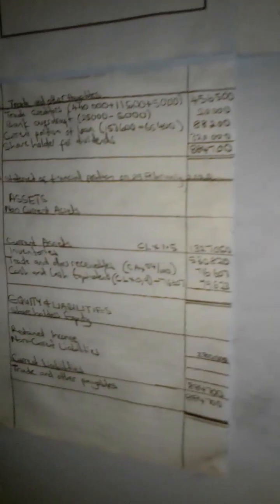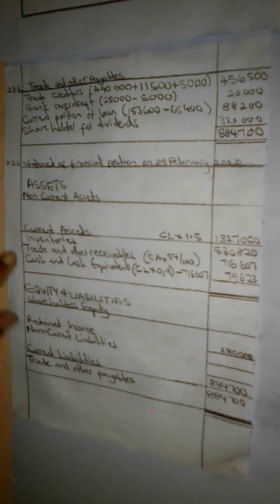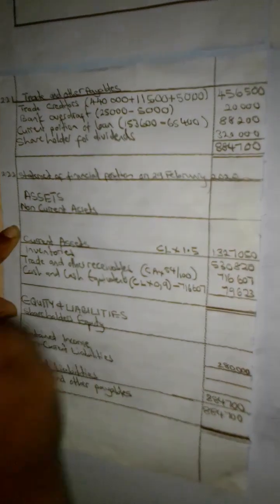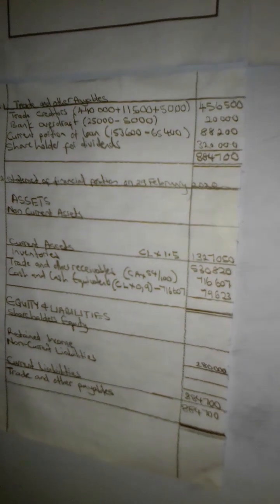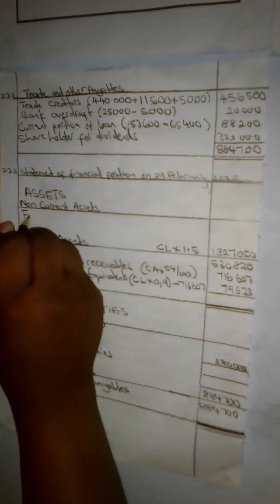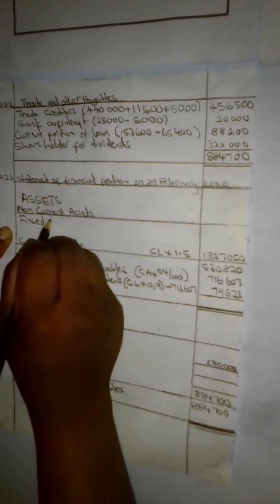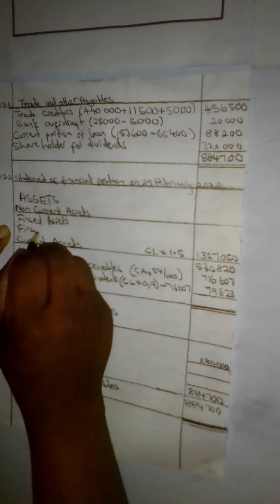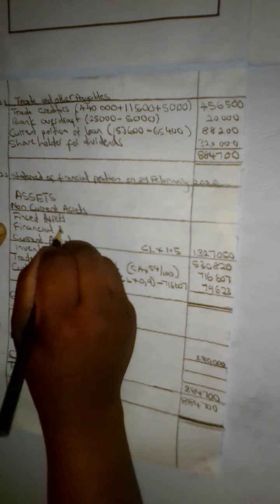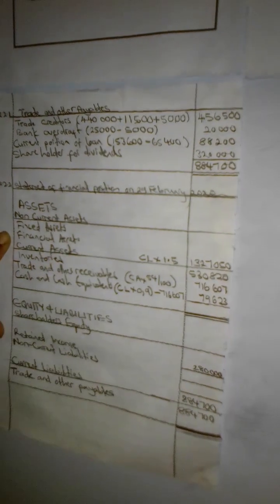Okay, now that we have got the current assets, I'm sure we can also work out something again on the assets that are there. So here under non-current assets, remember the first assets that we record are the fixed assets. We have got fixed assets here. And we also have got financial assets, which is the fixed deposit.